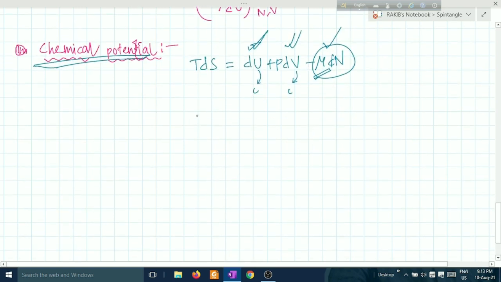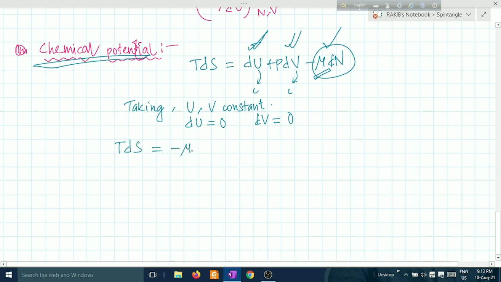Therefore, in this case, taking internal energy and volume constant, dU will be 0 and dV will be 0. We can conclude from this formula that TdS equals minus mu dN.